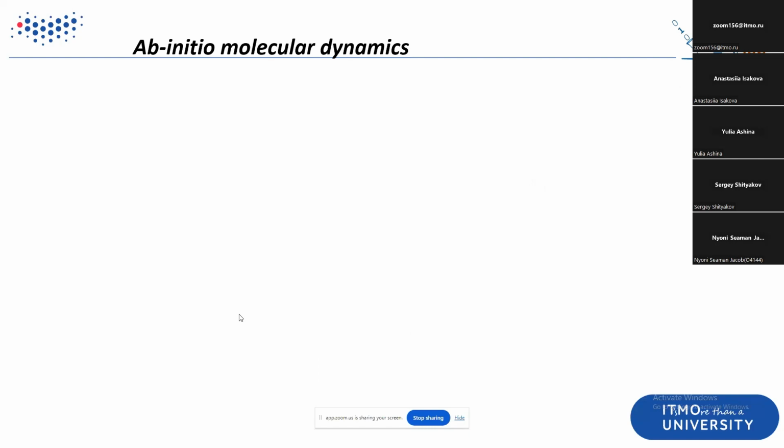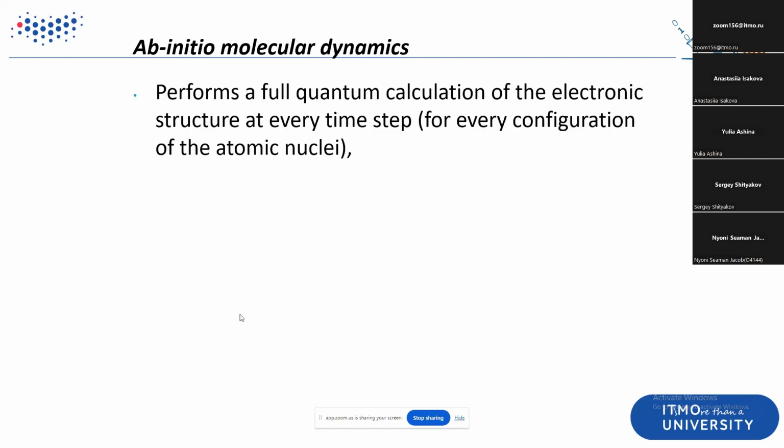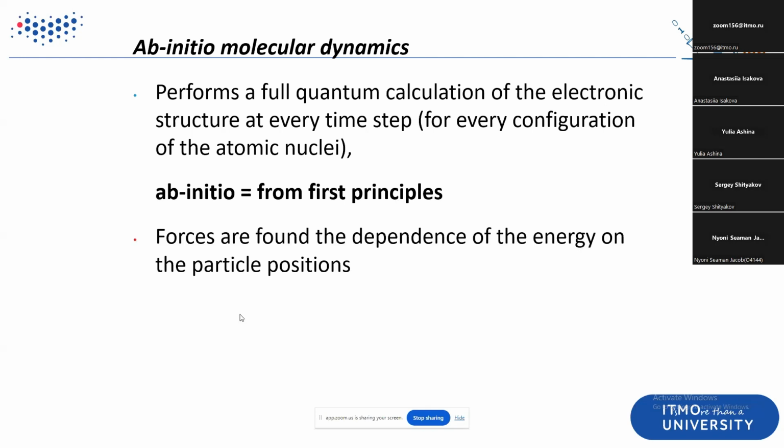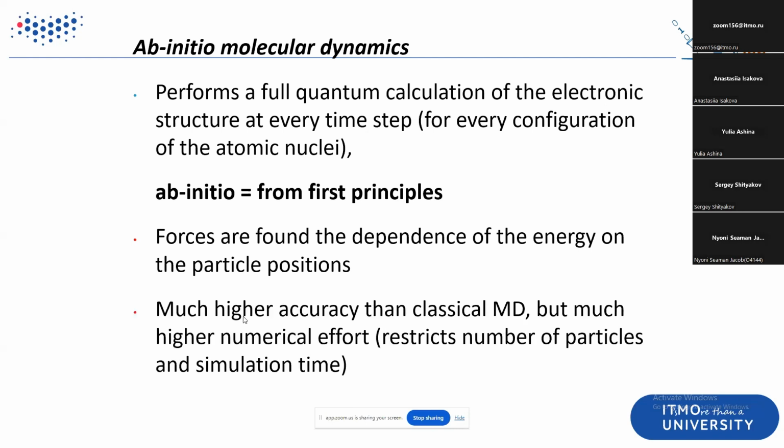In comparison to ab initio molecular dynamics, which is performed as a full quantum calculation of the electronic structure at every time step for every configuration of the atomic nuclei. The forces are found as the derivative of the energy with respect to the particle position, with much higher accuracy.